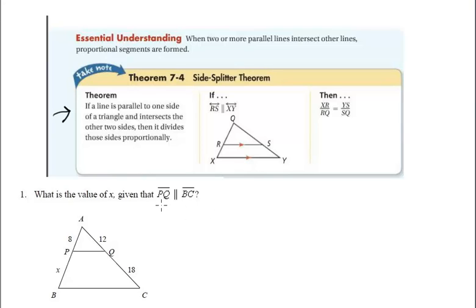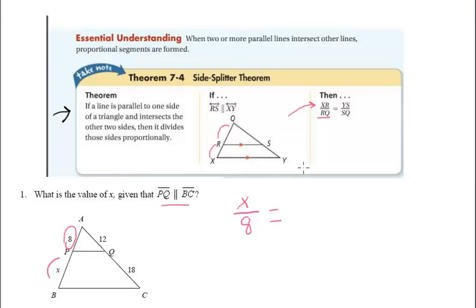So we can apply this example to our first problem, which tells us that these lines are parallel. So this x here correlates to this XR here, which we see that we put right up there. So we're going to have x over, then they put it over RQ, which is right here. That is equivalent to this 8. So we put that over 8.